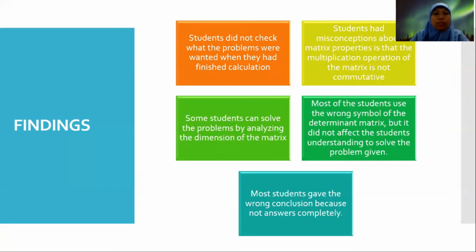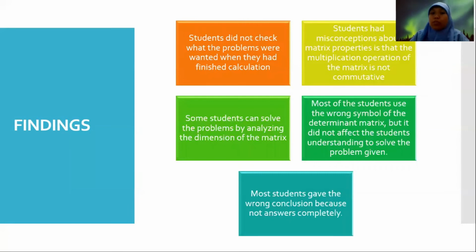And the third finding is some students can solve the problems by analyzing the dimension of the matrix. So they didn't do calculation, but they analyzed based on the information given, that is the dimension of the matrix.